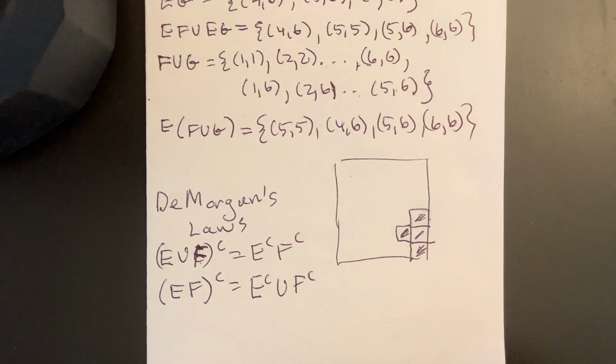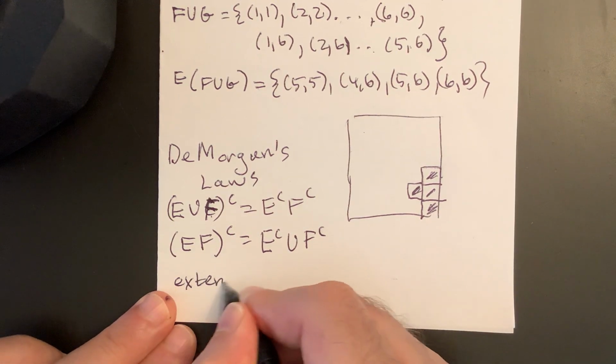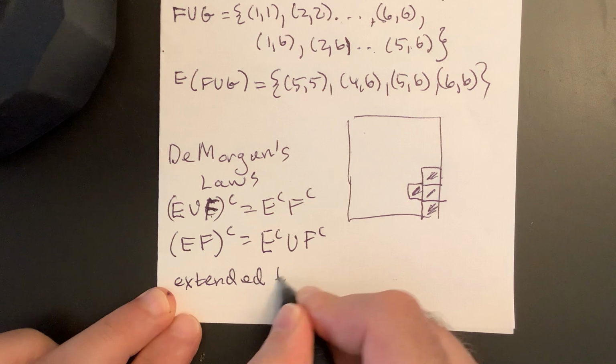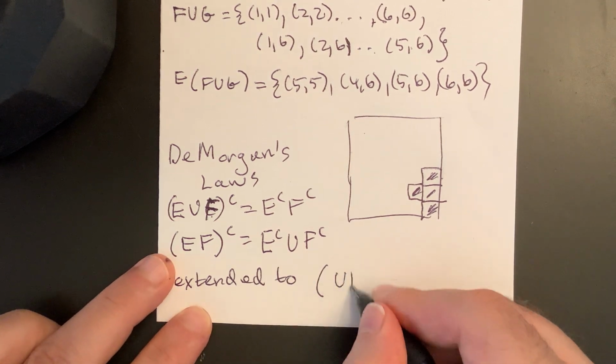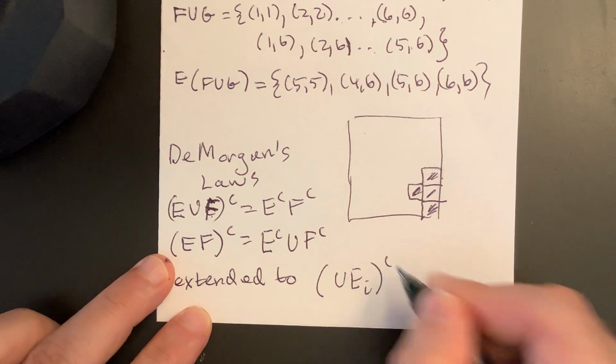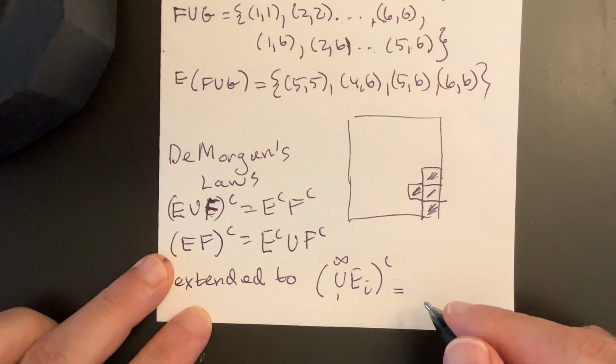Even a countable but infinite set, I can apply this to. So it can be extended to, if I want, let's say I have the union of E_i, and I take the complement, say i from 1 to infinity. This is equal to what?